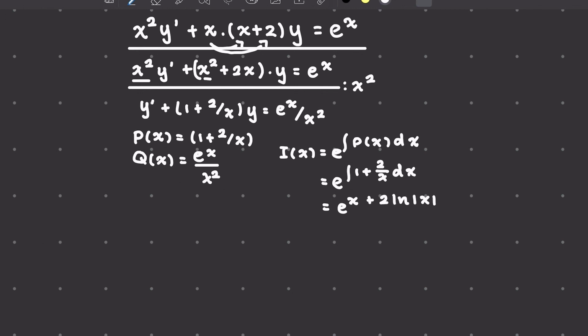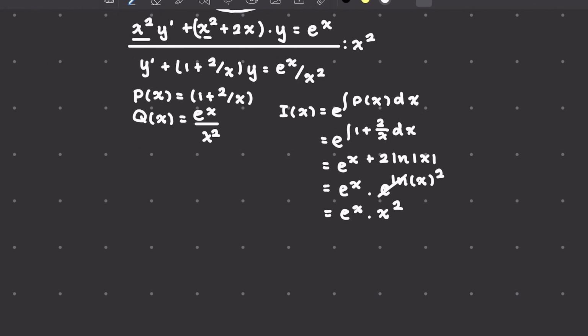We can simplify this for the sake of our calculations later on, to e to the x times e to the ln x squared. And we know we can get rid of this part. This will just leave us with e to the x times x squared. And so we have our integrating factor.